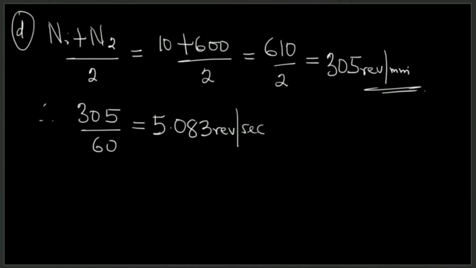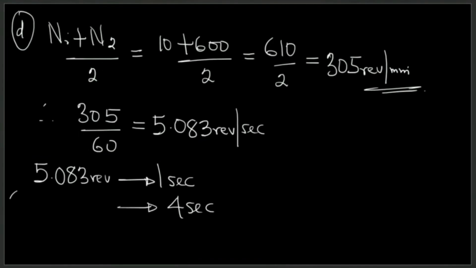So I can interpret this to say that it's going to be 5.083 revolutions in 1 second. So for 4 seconds now, it's going to be 5.083 multiplied by 4, because this one is 5.083 rev per second. I converted it to rev per second, that is 1 second. So for 4 seconds, you multiply it by 4.